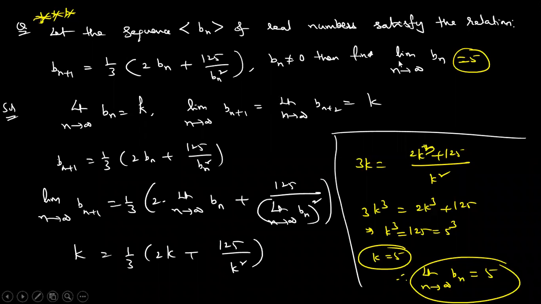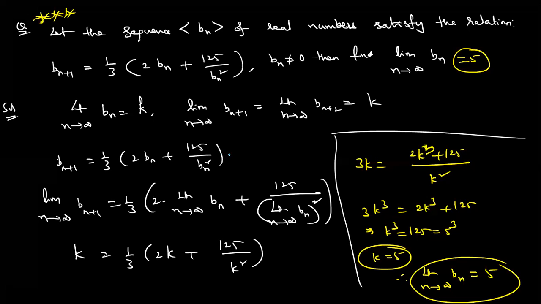Dear students, this value we don't know, whether it is k or lambda, L, anything. Then the limit as n tends to infinity of Bn, Bn plus 1, Bn plus 2 is also k. In an infinite series, for any case Bn plus 1, Bn plus 2, k is coming.